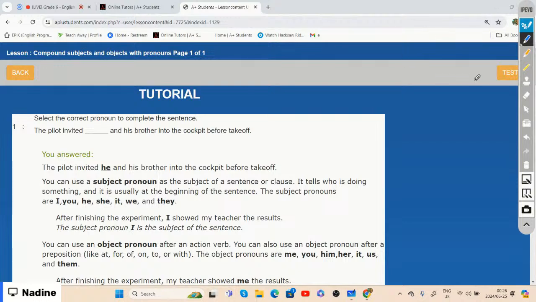So we would say the pilot invited him and his brother into the cockpit before takeoff.